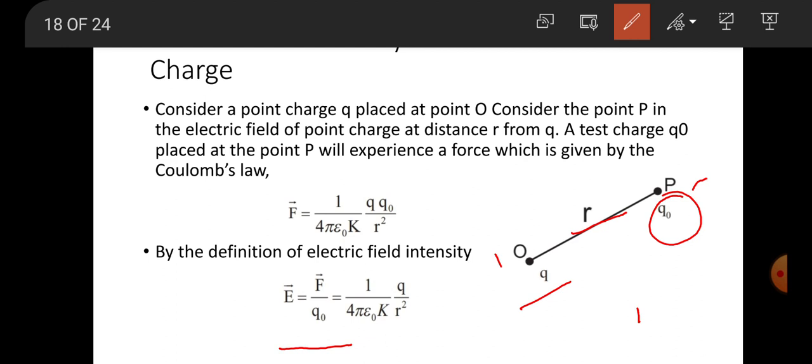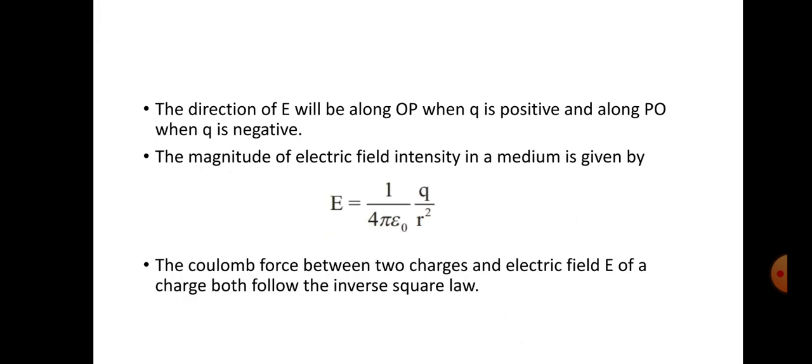And we know by the definition of electric field intensity, E is equal to F upon Q naught. Why have we considered Q naught? Because we are finding the electric field intensity at point P. Therefore, by substituting the value of F in this formula, we get E equal to 1 upon 4 pi epsilon naught, k Q upon r square.